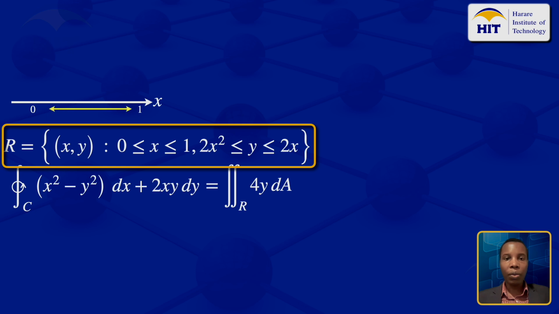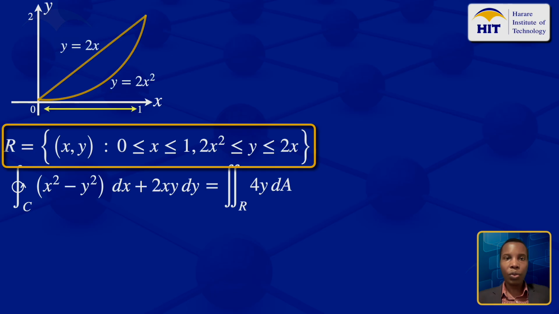Then we plot the y-axis, label it y, label 2 there, then plot y equals 2x squared and label it, then label y equals 2x. The region we are talking about is the region bounded by those curves. So that's our R there.